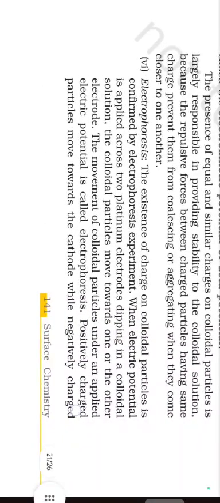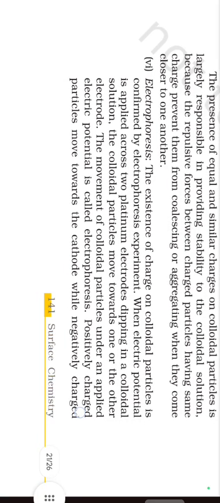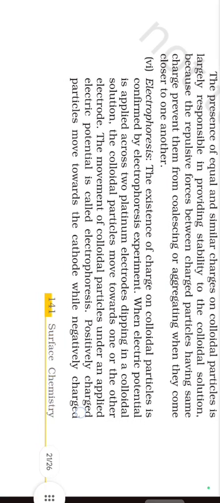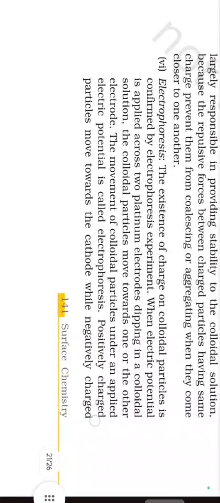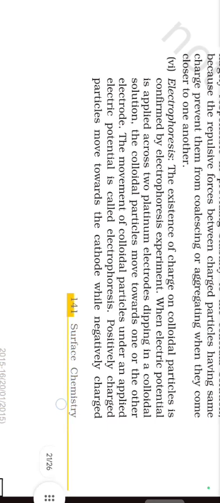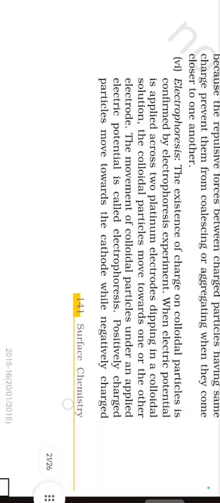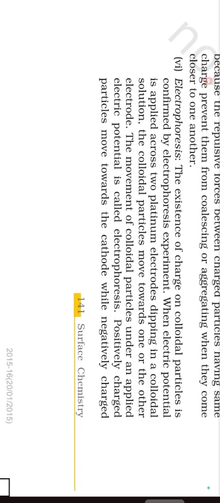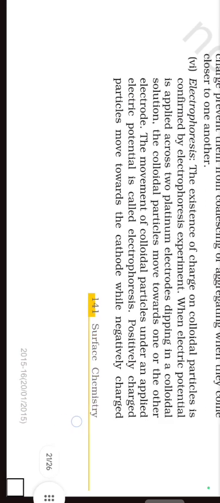The presence of equal and similar charges on colloidal particles is largely responsible for providing stability to the colloidal solution, because the repulsive forces between charged particles having the same charge prevent them from coalescing or aggregating when they come closer to one another.